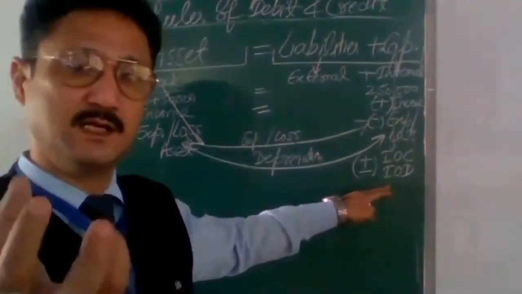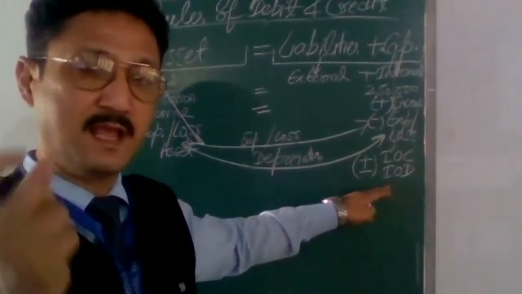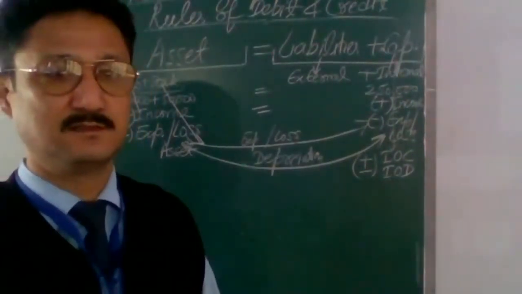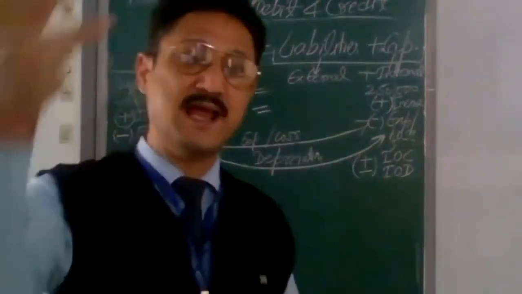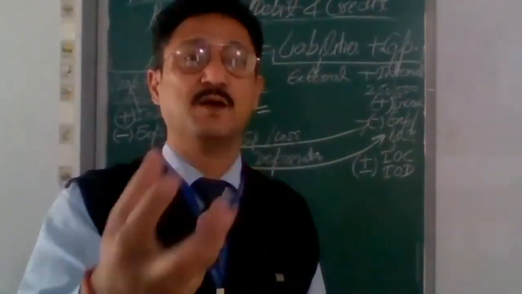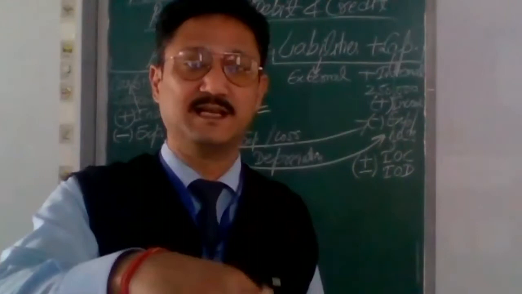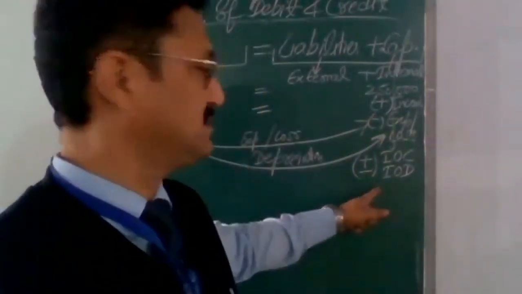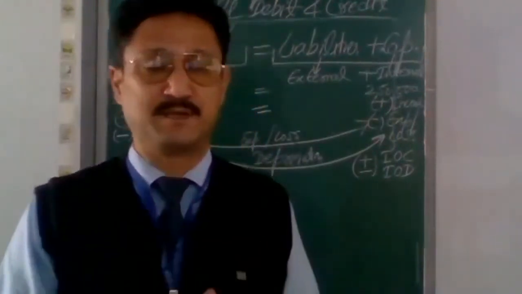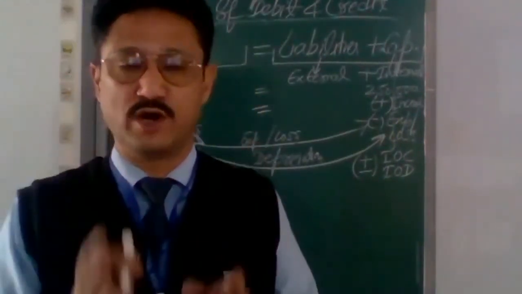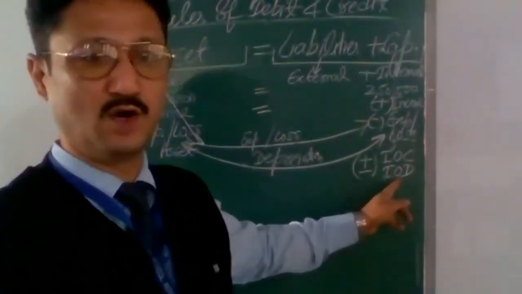Incomes are added to the capital. And because the proprietor has to pay it, it will be subtracted from his capital only. Therefore, add and subtract interest on drawing in capital only.